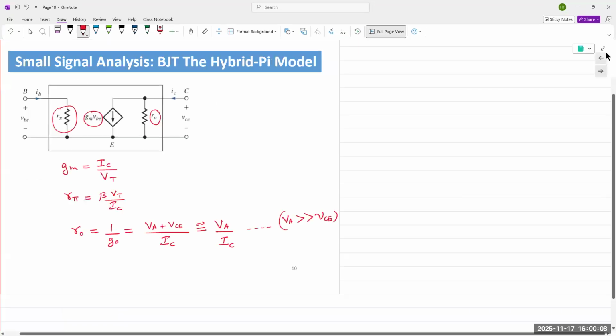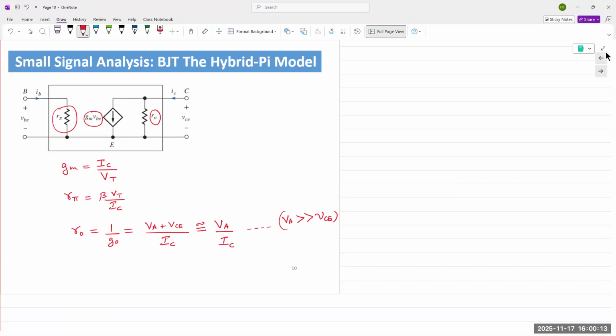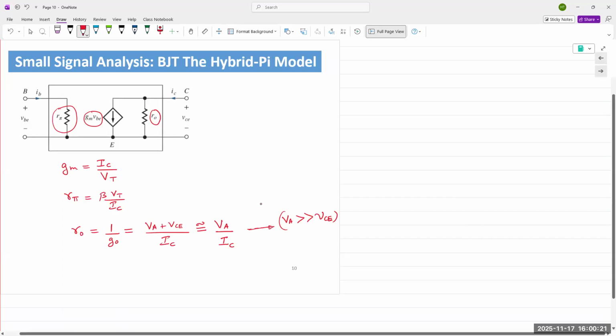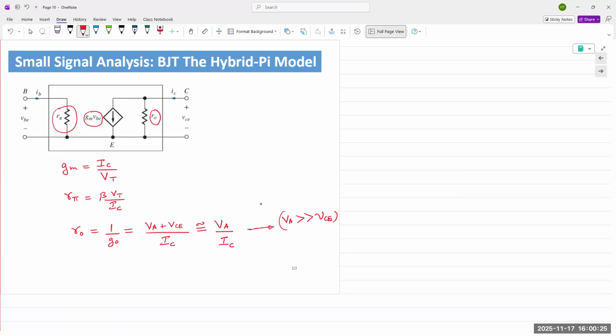Okay, definitely don't have time for that one today. Yes, go ahead. Oh, that was just pointing out why it's approximated, because VA is far larger than VCE.